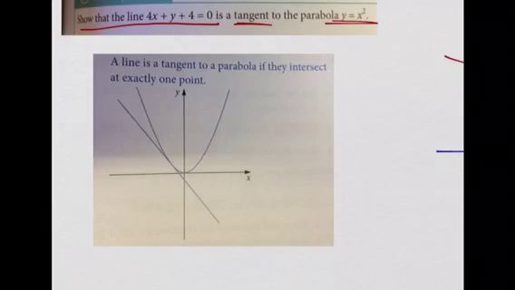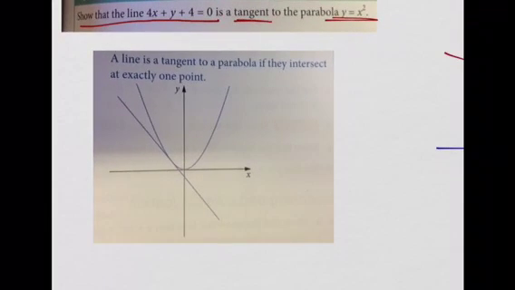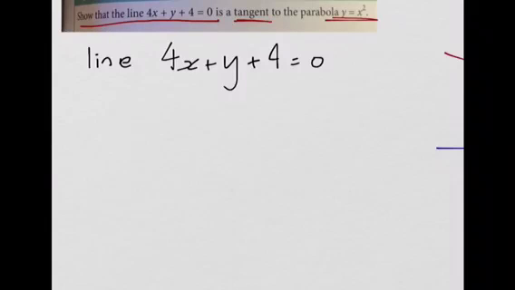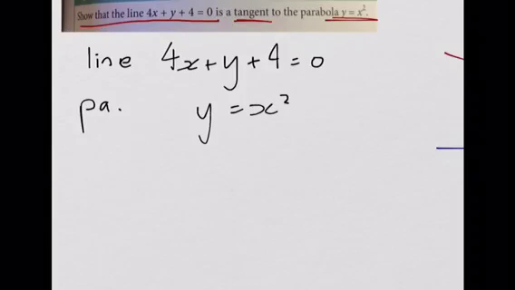So we've been given two things. Our line has equation 4x plus y plus 4 equals 0, and our parabola has equation y equals x squared.